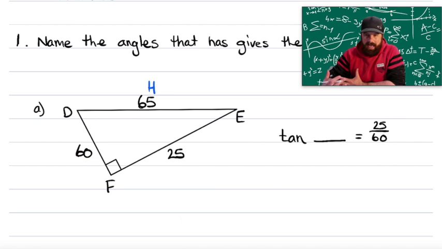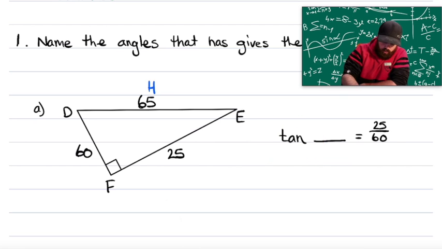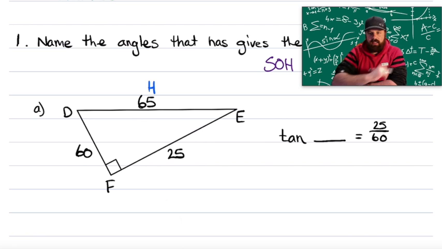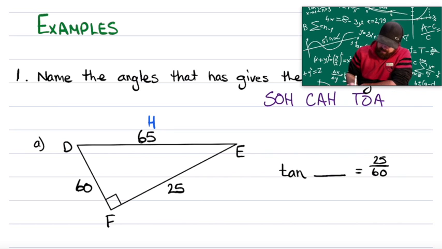So let's go look at our trig ratio. And the trig ratio that we're dealing with is the tangent ratio. So remembering our SOHCAHTOA, we're dealing with the tangent ratio.